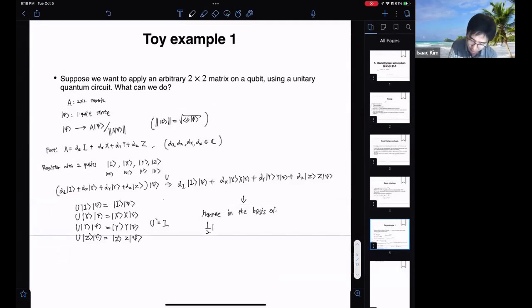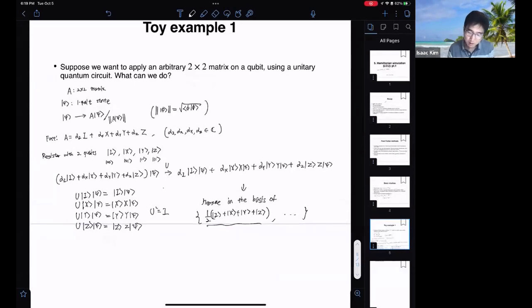So one state that I definitely want to have is the uniform superposition of all the states. And there will be other basis states, which must be orthogonal to that state, but I will not specify them, because when I measure those other cases, I'll just discard that part. So I will only consider the case in which I measure this state.